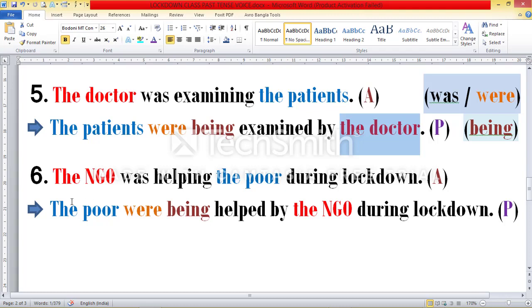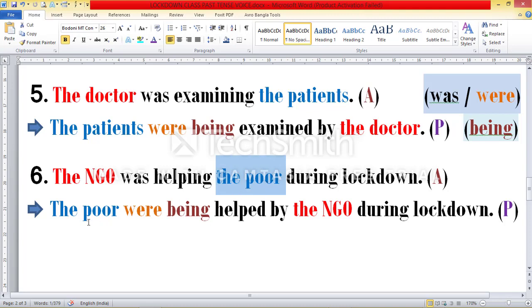The sixth sentence is, the NGO was helping the poor during lockdown. And in this sentence, as you know, the NGO is the subject, and the poor is the object. So first of all, we have to make the object subject.